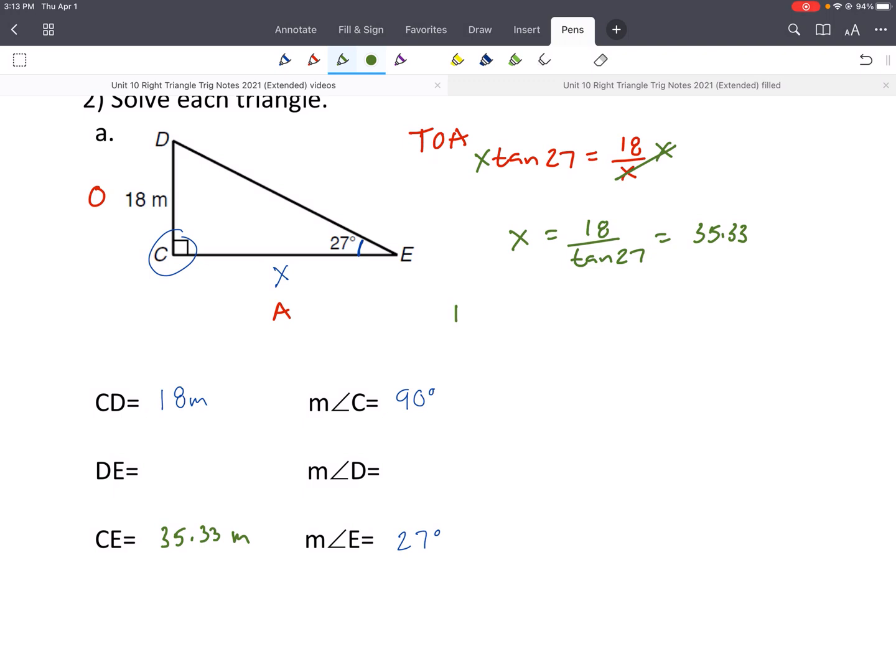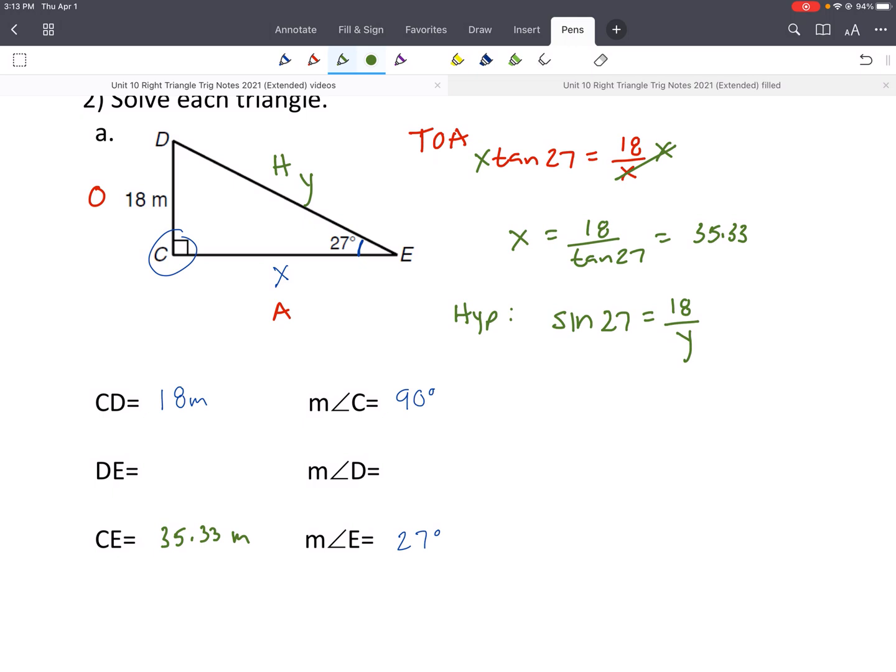We could find the hypotenuse the same sort of way. I'm going to use trig again to find the hypotenuse. So this is our hypotenuse. I'll call it y for the length. Here we're going to do opposite over hypotenuse, so that would be sine. Sine of 27 is equal to opposite over hypotenuse, which I'll call y.